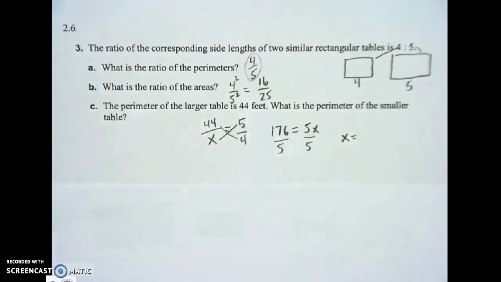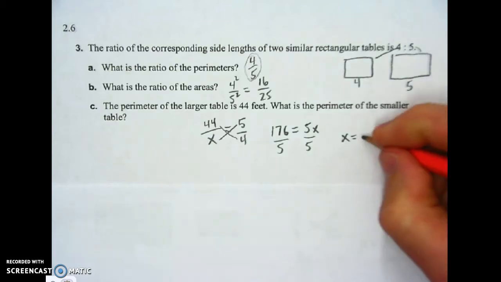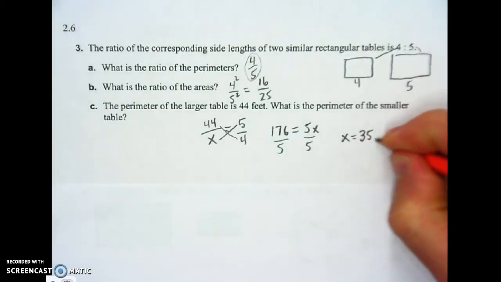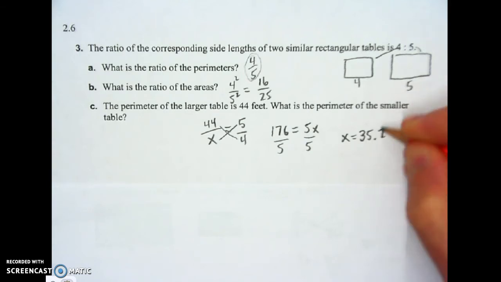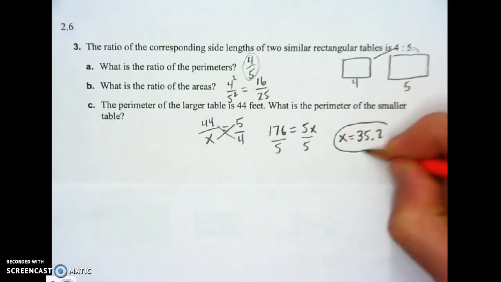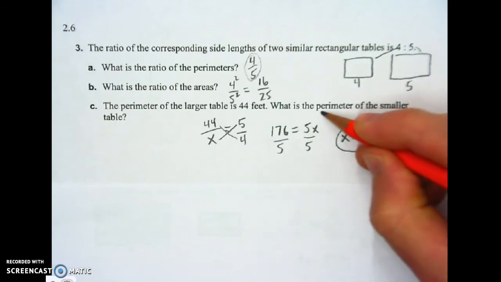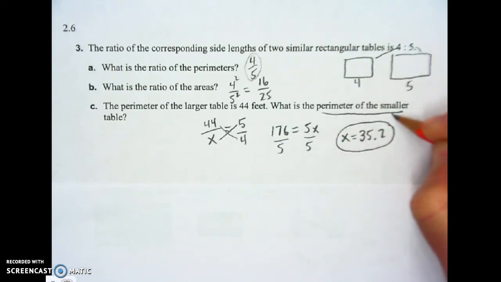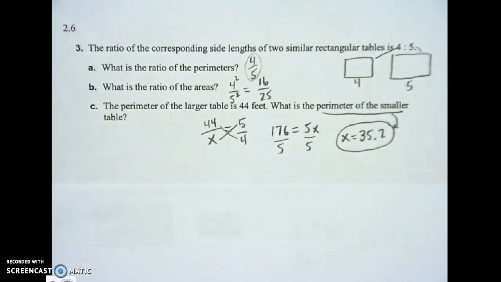So 176 divided by 5, and we get 35.2. That is the perimeter of the smaller shape. That's what it wanted, the perimeter of the smaller shape right there. 35.2 if you go all the way around this one with a side length of 4.